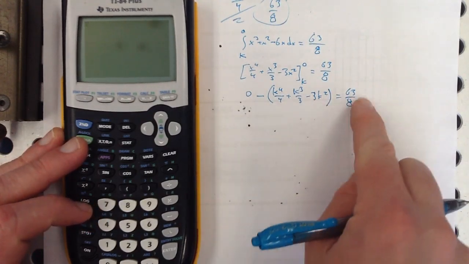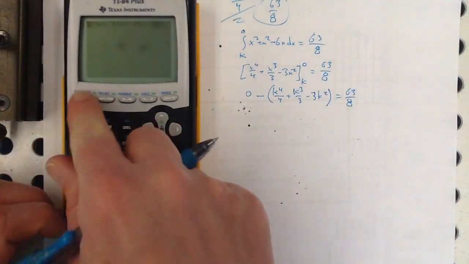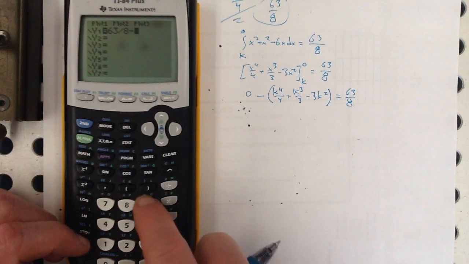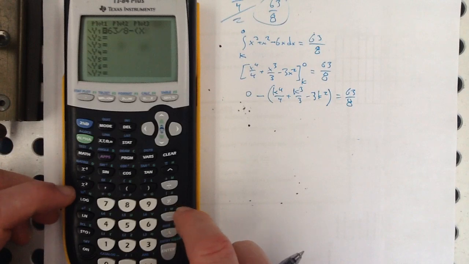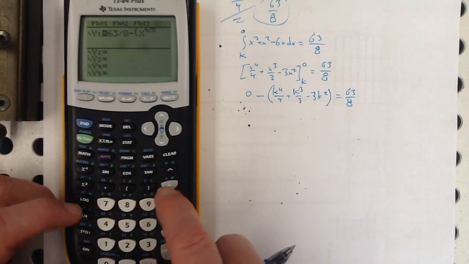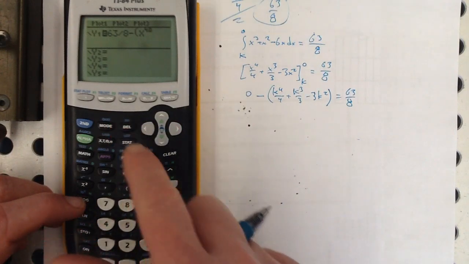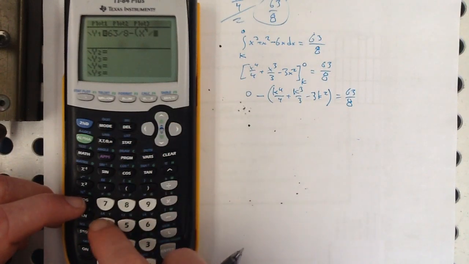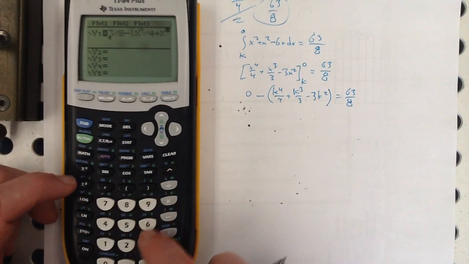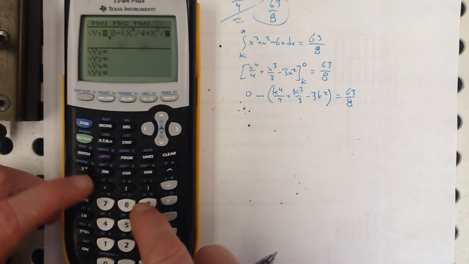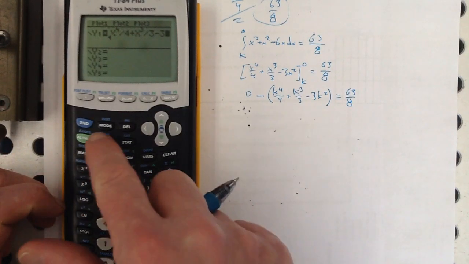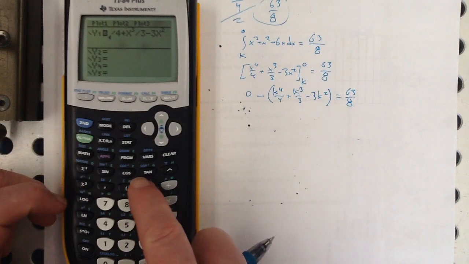So let's see. I'm just going to move that to the other side. So I want to graph 63 over 8 minus all this. K to the 4th over 4 plus k cubed over 3 minus 3k squared.